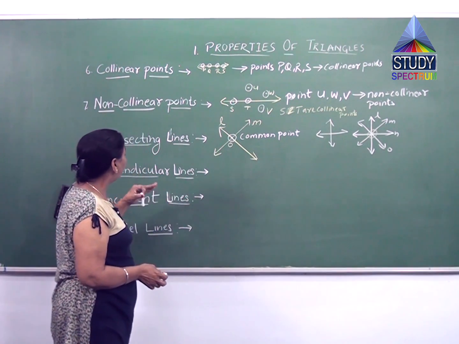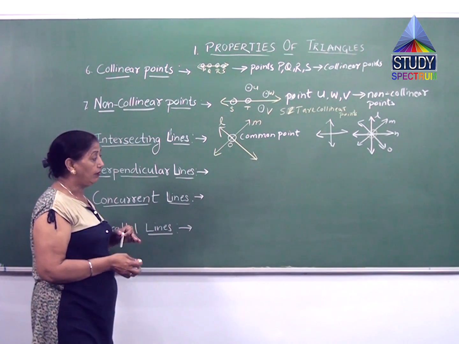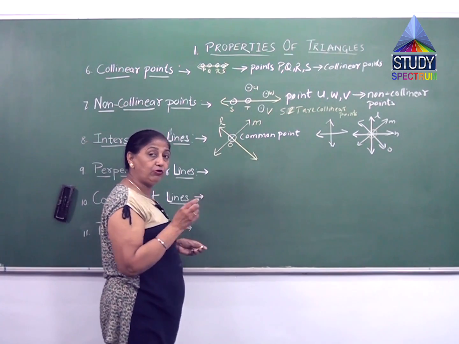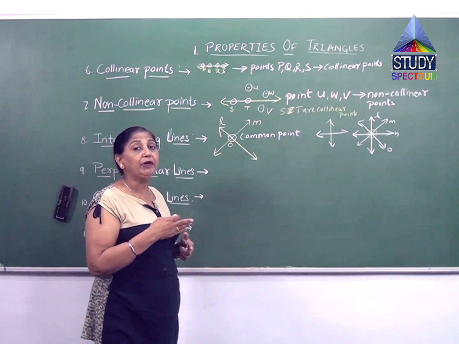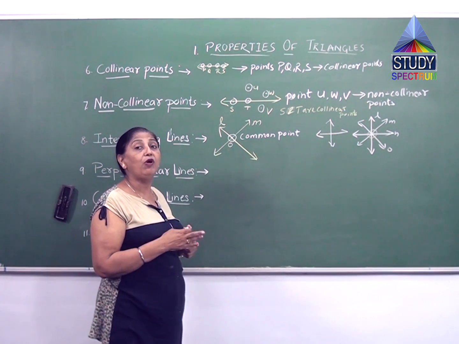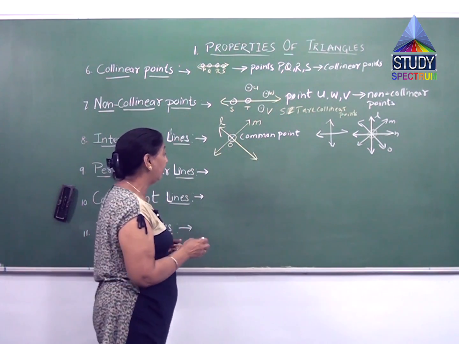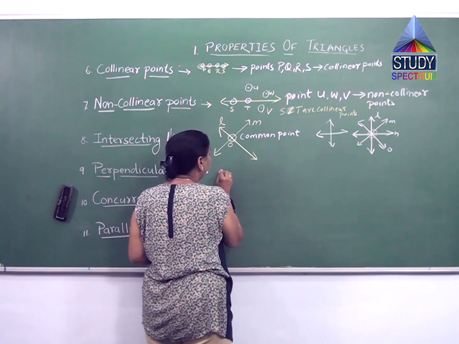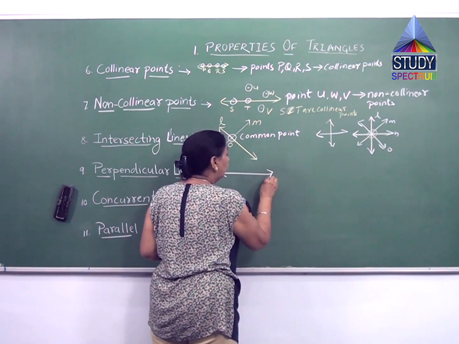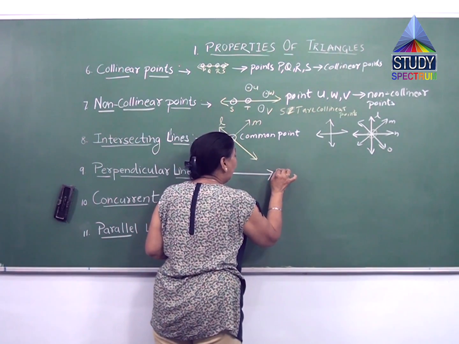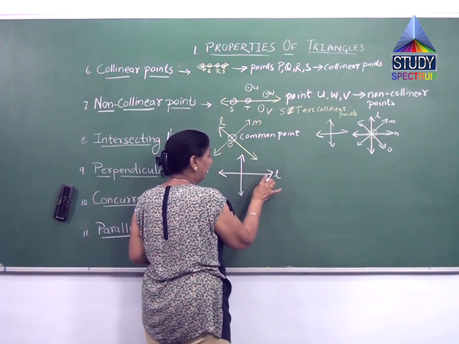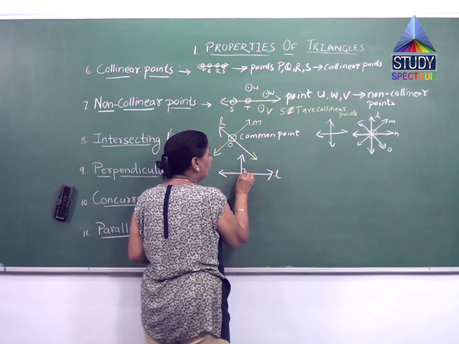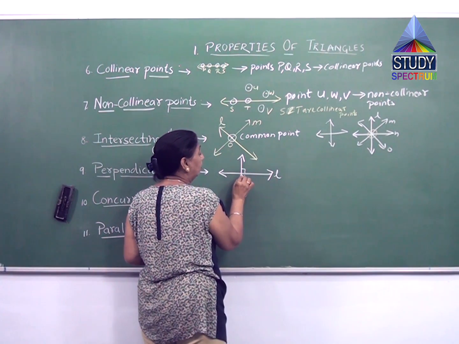Right, now we'll move to perpendicular lines. Perpendicular lines are also intersecting lines, but here the angle formed between the lines is always a 90-degree angle. Here I'll show you the figure. This is line L and another line which intersects line L, and it gives a right angle.